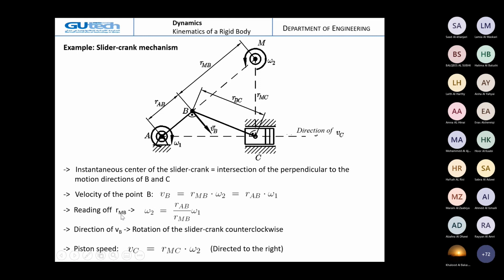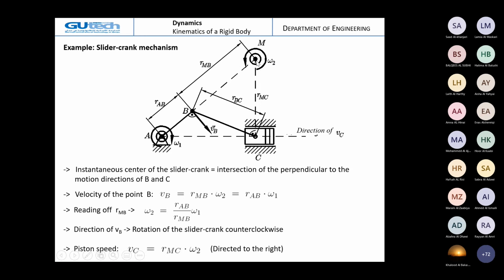Now, we read off the distance BM or MB, the distance between the two points. In this case, we can get the angular velocity omega 2.